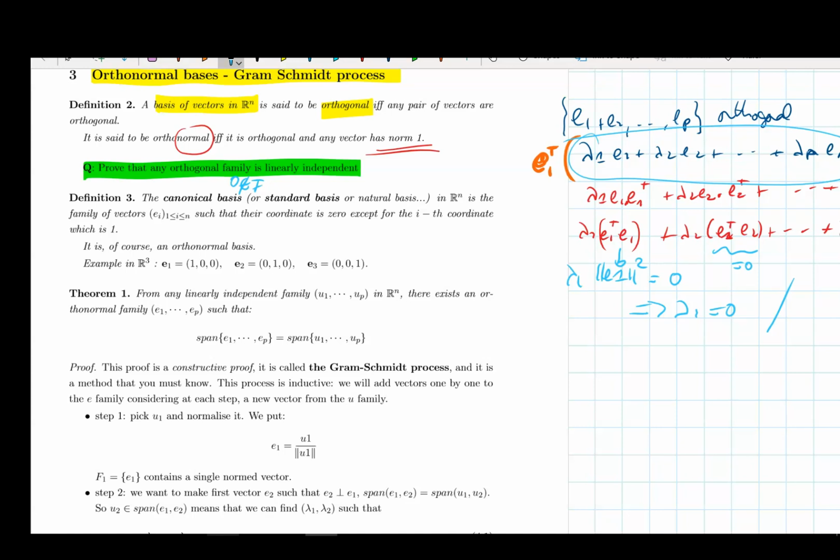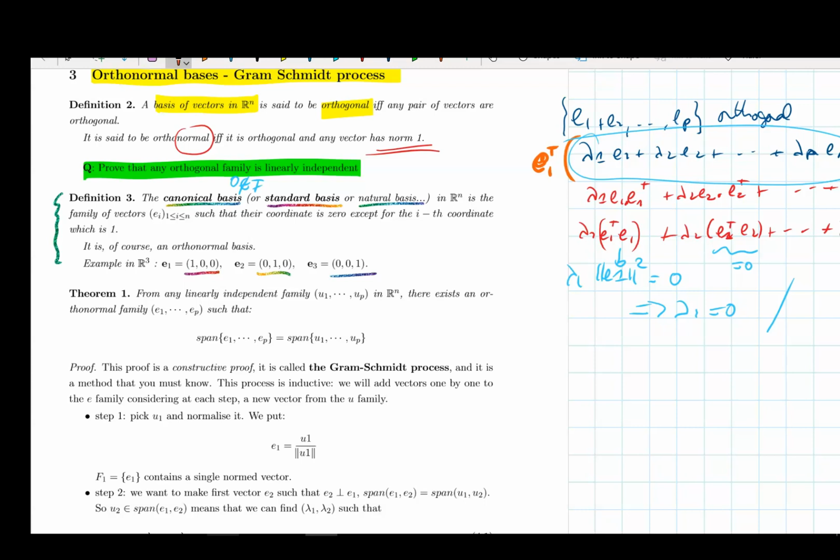So next, still another definition, but again, this is the kind of thing that you probably at least had an intuition of. We're going to have the standard basis, also called the canonical basis, or even the natural basis in Rn. It's the one that corresponds to the Cartesian frame when you're in R2, the most natural one, where you've got a 1 and all zeros for the vectors.